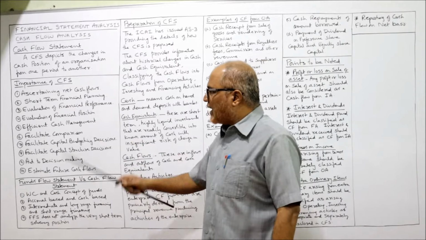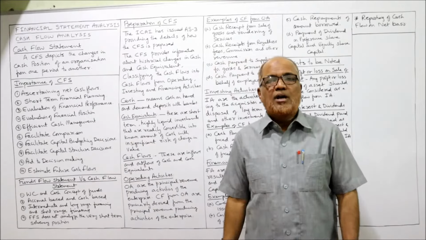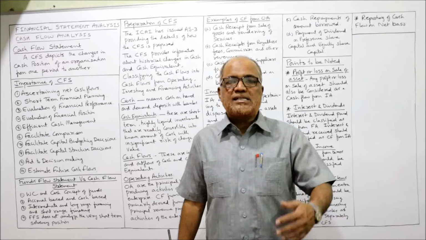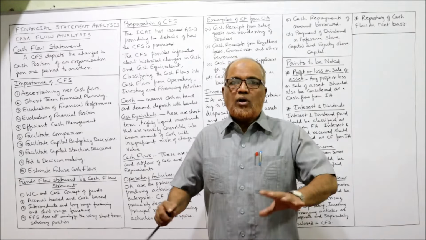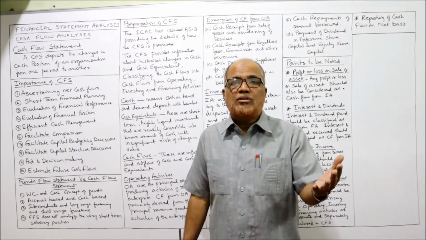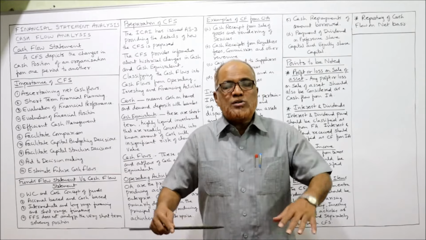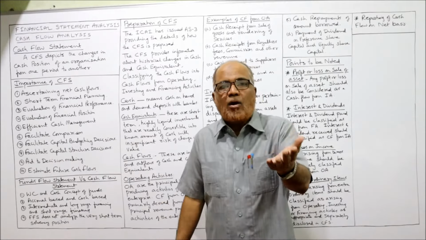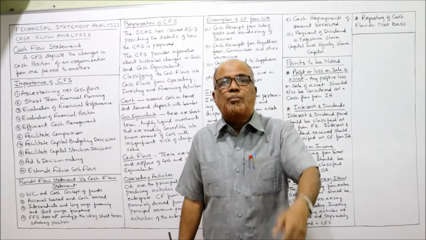Next one, evaluation of financial performance. See here, nowadays many analysts say cash is the king. They will not give much importance to profit. They will give the importance to cash, because many times it may happen that an organization may show huge profit, but the organization is facing a cash crunch problem.